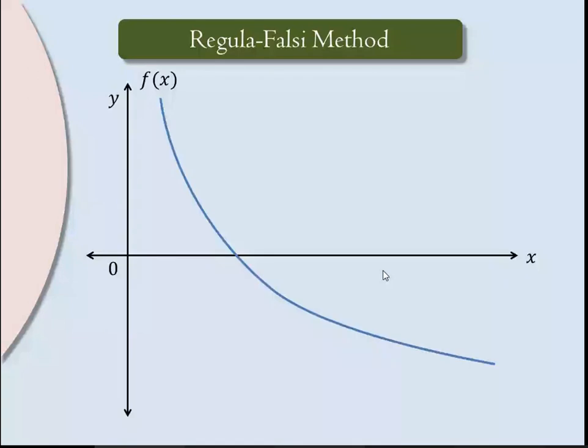And if it is negative, then the root will be between those two points. Okay, so these are the two points we have, A and B. F of A is positive, f of B is negative, so the root must be between these two.